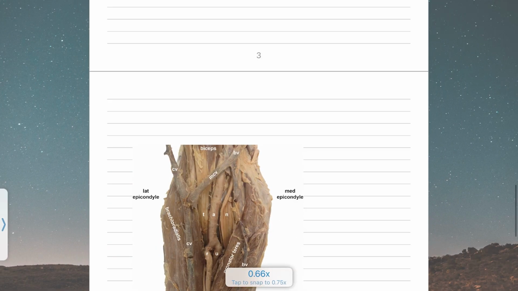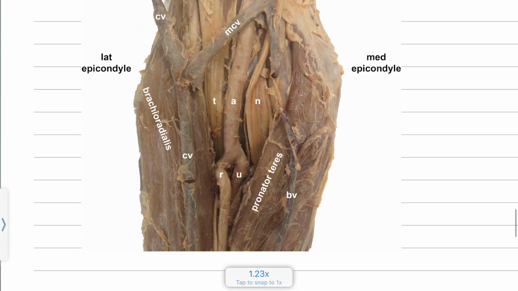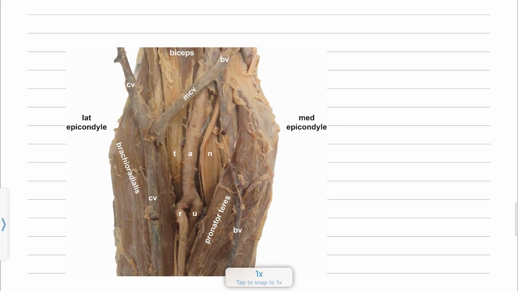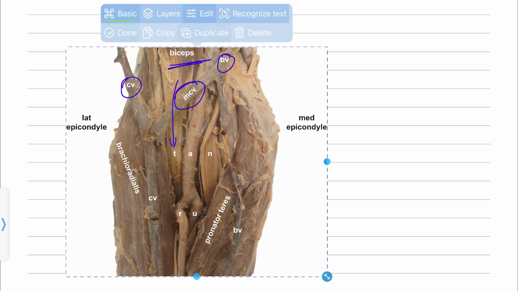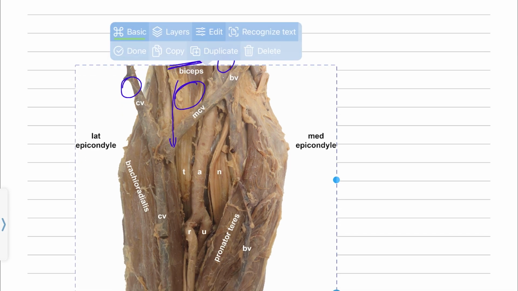And this is a cadaveric image. This is the basilic vein, this is the cephalic vein, this is the median cubital vein, and this is the biceps muscle, which converges into a tendon. This is the brachioradialis.